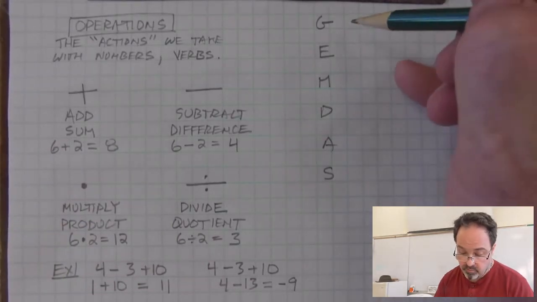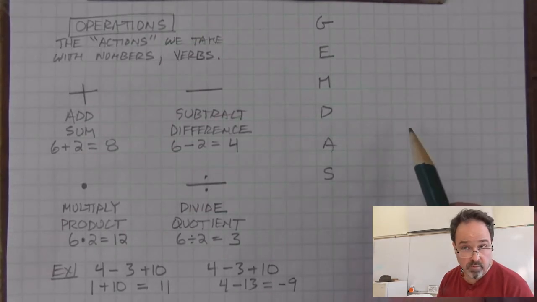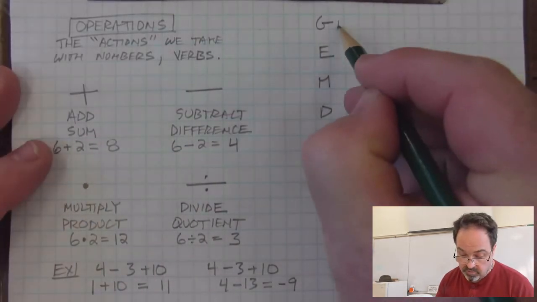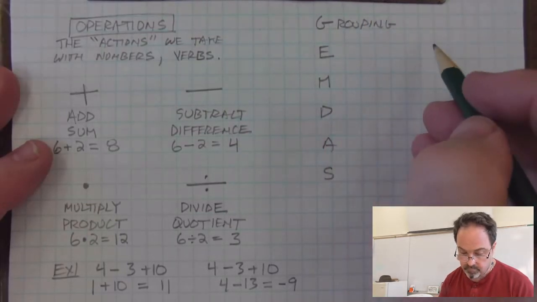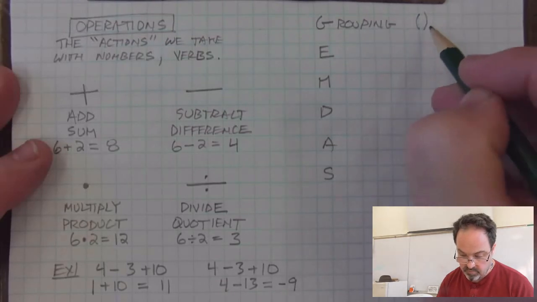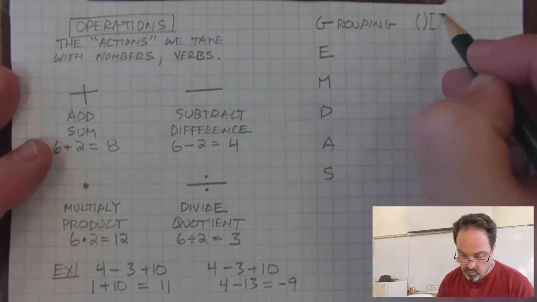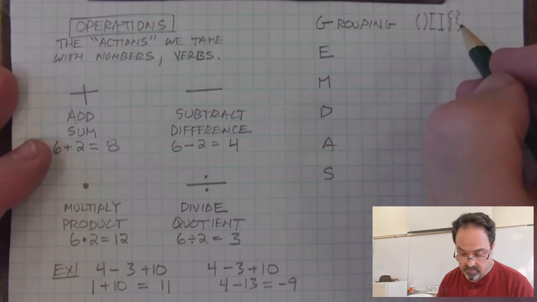And we follow this mnemonic GEMDAS to remind us of that order, where G stands for grouping symbols. Grouping symbols can come in the form of various parentheses, like a typical parenthesis, or square brackets, French braces or squiggly parentheses.